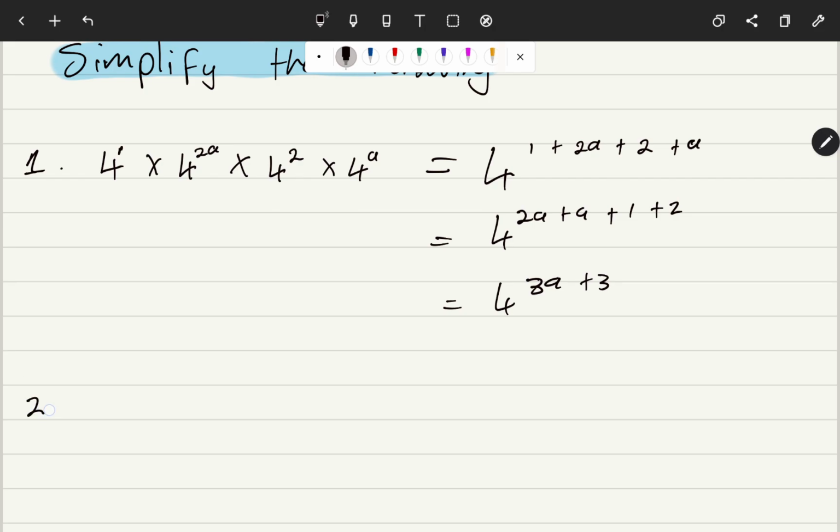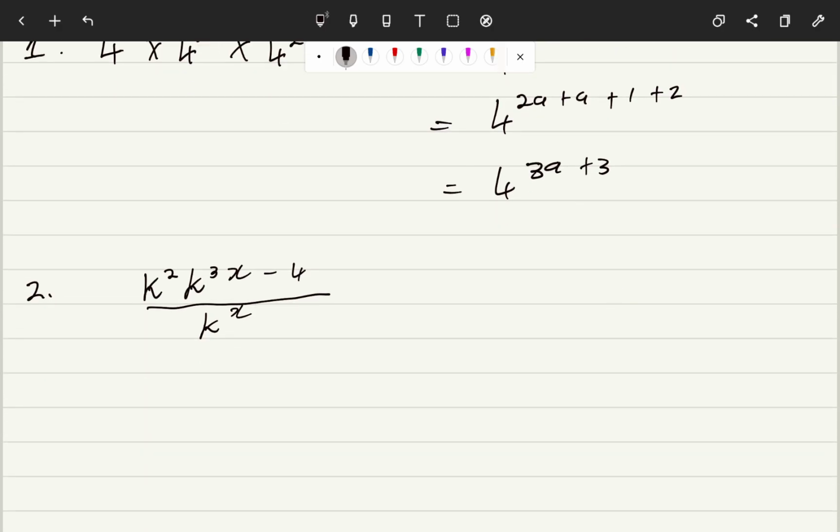Let's do the second problem. It is quite interesting, this one. You have k. I'll also say, try to pause the video, do the problems, and then play them to see the solution, right?